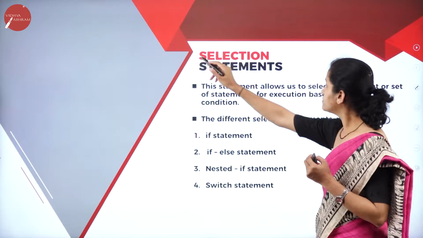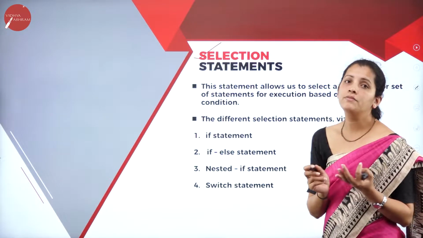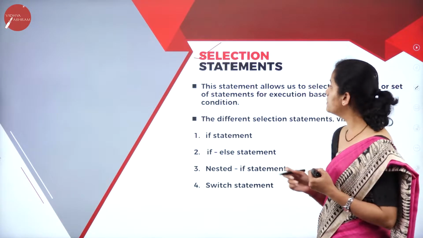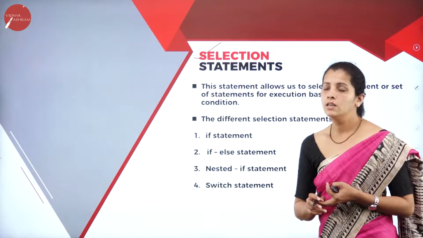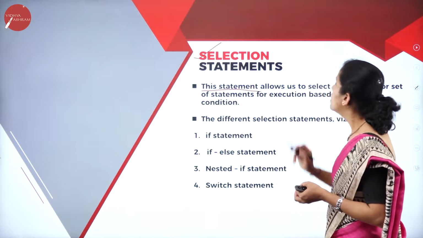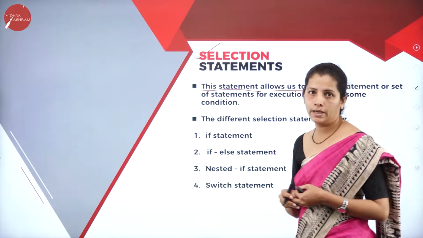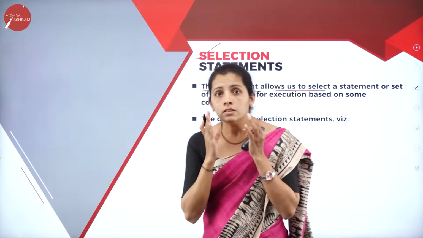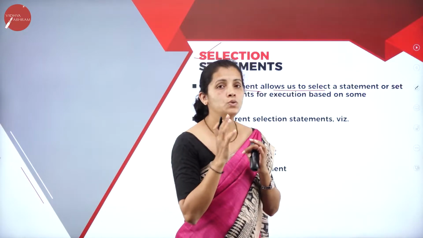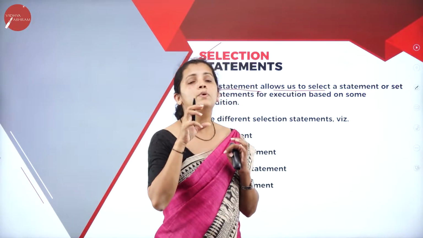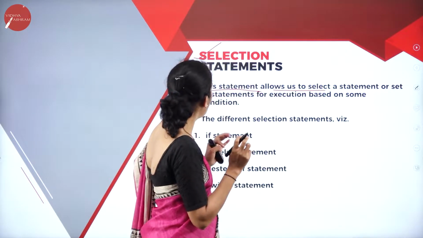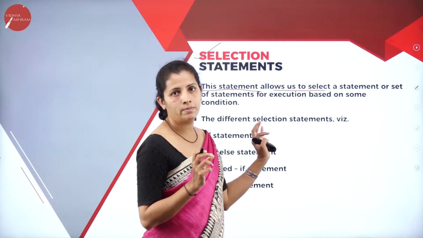So here selection statement, this is the first type of control statement. This statement allows the user to select a particular statement or set of statements.